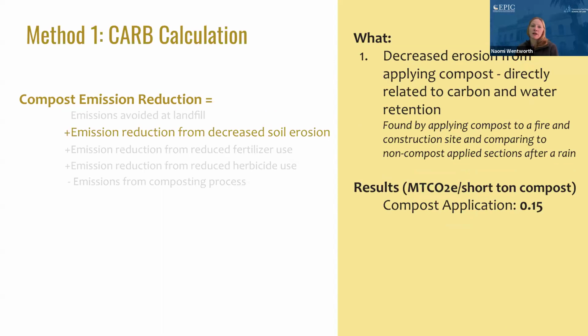Just a fun fact, they were able to find these factors by applying compost to an area that had just been burned by a fire and a construction site, and compared compost applied versus not compost applied areas after a rain, and found these erosion factors. So CARB found that compost application relates to 0.15 metric tons carbon dioxide per short ton of compost.